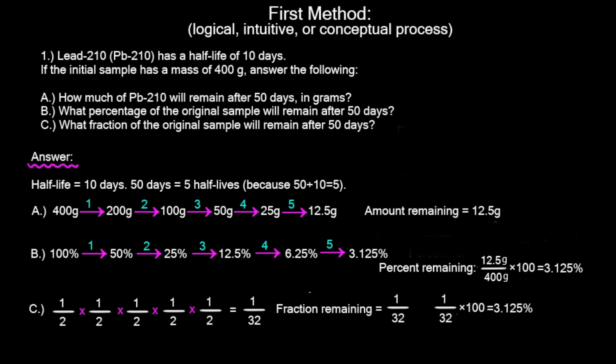When we divide 1 by 32 and then multiply that by 100, we get 3.125%, which matches our answer from option B. So the fraction of the substance remaining after 5 half-lives is 1 over 32, or 3.125% of the original amount.